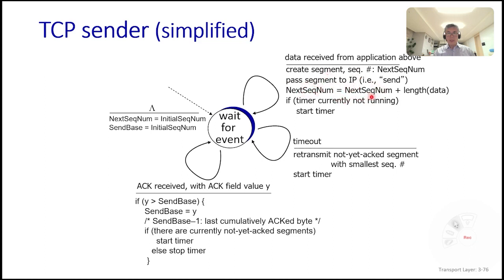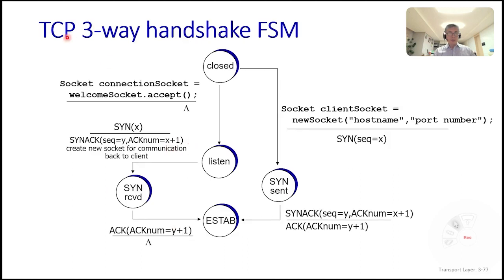The next sequence number is based on the data size. And the timer: if it is currently not running, then start it. So you can follow these events and actions.